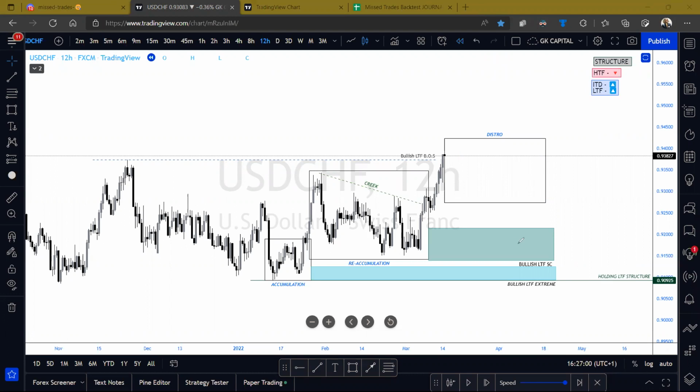Well, we know this is our demand zone 1, and then this is our demand zone 2. So we can look for this distro to play into this area or to play into this area here. And you can also take out sellers and reaccumulate, which is what we're looking to do.